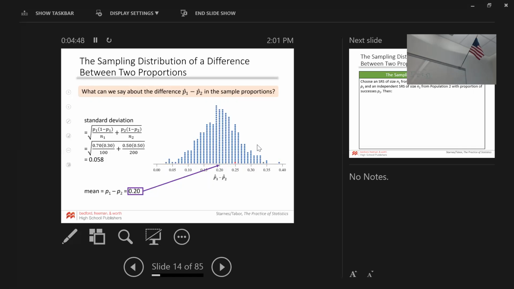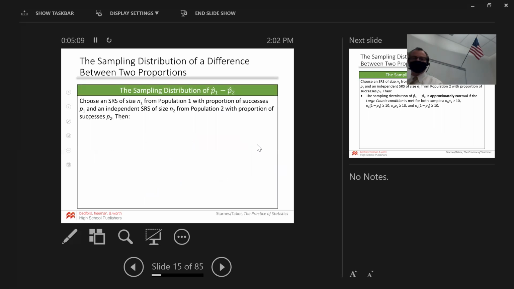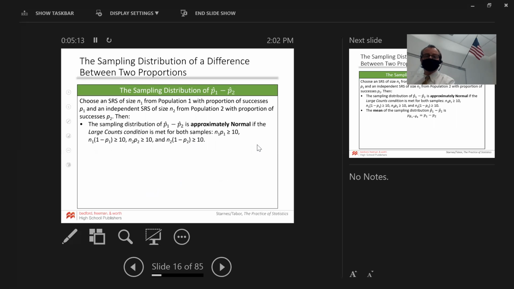So we would say that 20% more kids do their homework in school one, but that typically varies by 6% one way or the other. Somewhere between 14% and 26% more kids do their homework in school one. So if you meet the conditions, you expect the sampling distribution to be approximately normal.